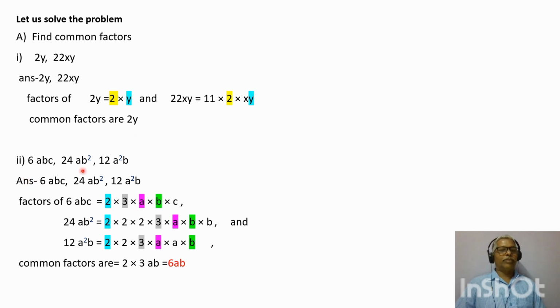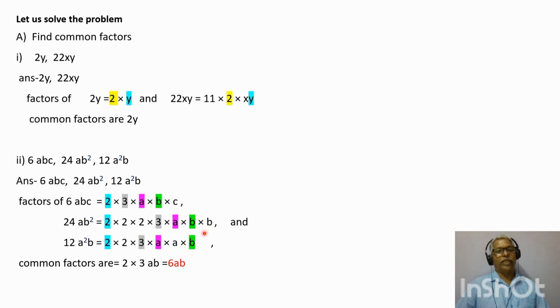There are three terms in the second one: 6abc, 24ab square and 12a square b. Find the factors of each one of these. 6abc is 2 into 3 into a into b into c. 24ab square, 24 is 2 into 2 into 2 into 3 into a into b into b.